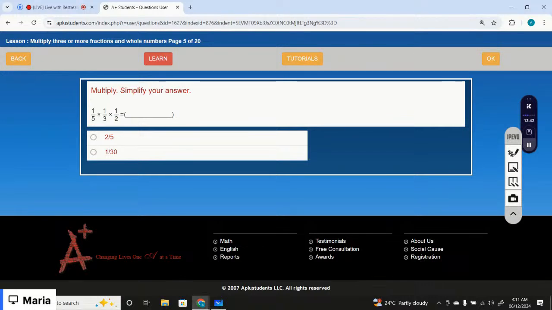That is 1 divided by 30. Option number 2 is the correct option. Very good.